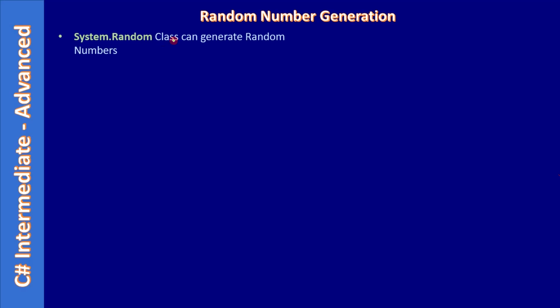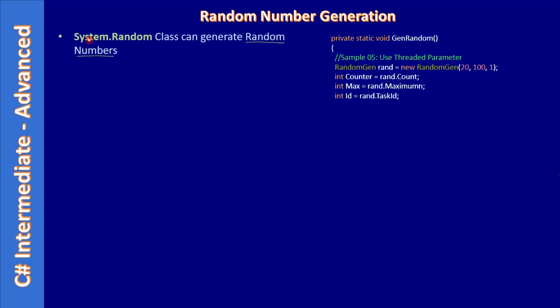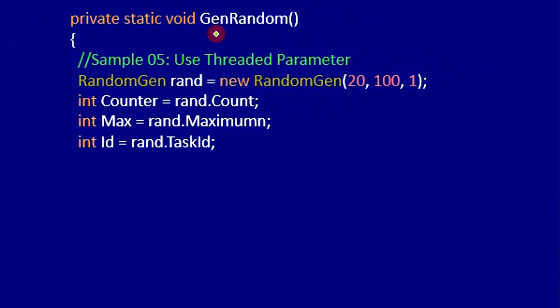System.Random class can generate random numbers. So the Random class is available for your application because it's exposed by the System namespace. So here if you see, public static void GenRandom, that's the function we will write, and here we will be calling the RandomGen class, which we saw in the previous slide.